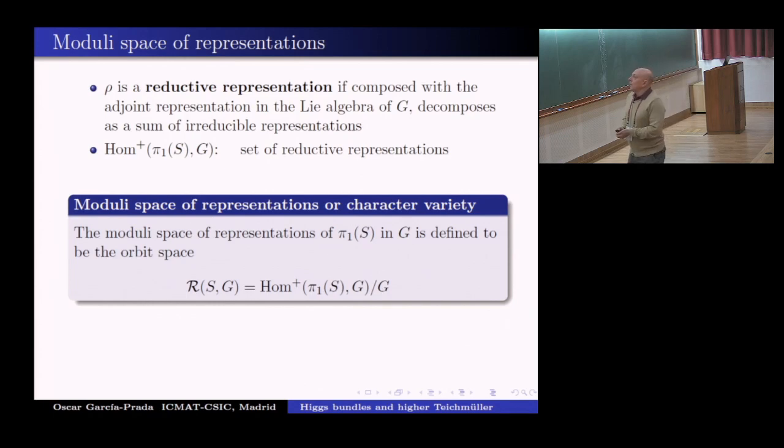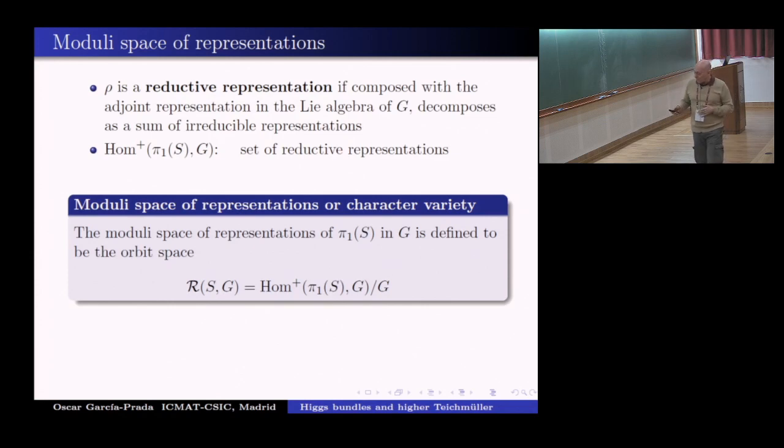You can also view this, in fact, as this condition of reductivity appears also naturally from the GIT point of view. If you think of the quotient of the affine variety, take all the representations, not the reductive ones, then the GIT quotient is exactly this.